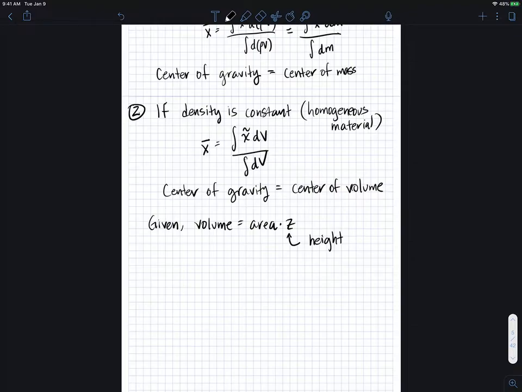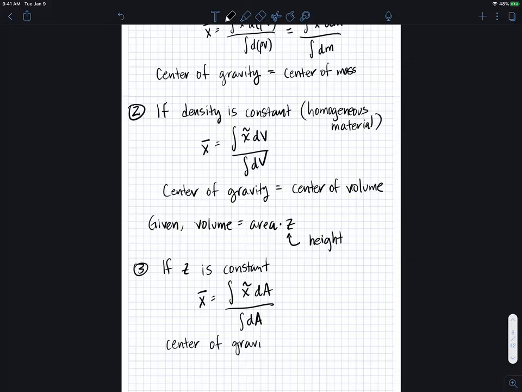Then we can think about the volume this way. And so now if z is constant, we only have to think about the cross-sectional area. Then x bar becomes the integral of all the little individual dA over the integral of dA. So the location of the center of gravity is equal to the center of area.